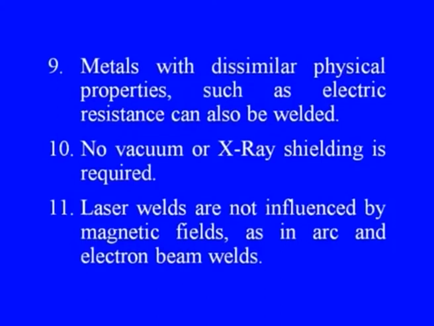Laser welds are not influenced by magnetic fields, as in the case of arc and electron beam welds, where the magnetic field influences the beam itself and can deflect it from the actual point of focus. But here it is not so.